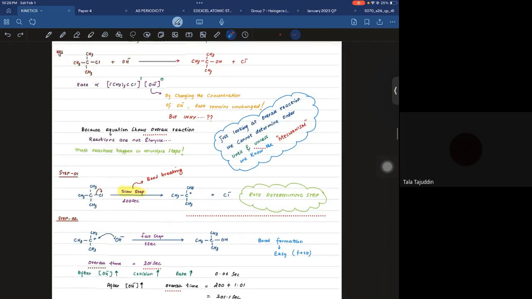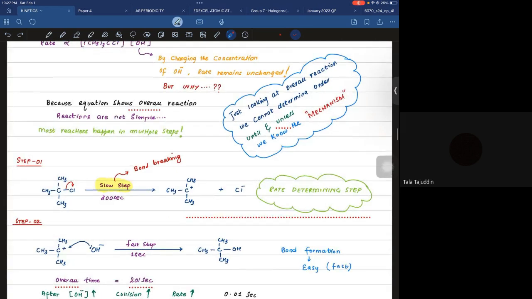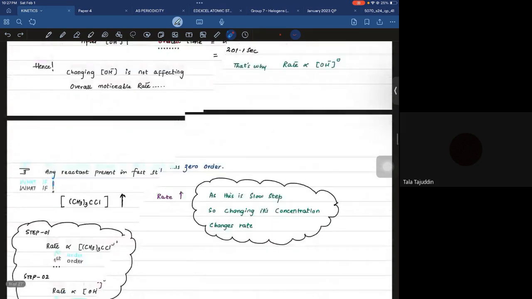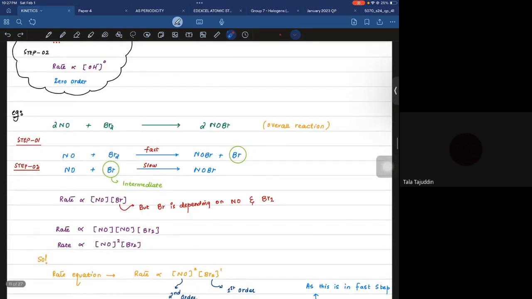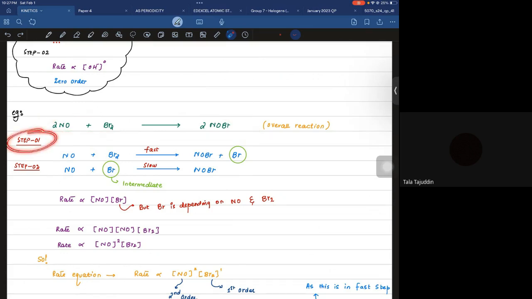Whenever you propose any mechanism, it involves the formation of an intermediate. If I give you an overall equation and ask you to propose the mechanism, what you do in the first step is this: when nitrogen monoxide reacts with bromine, NOBr and Br are formed.